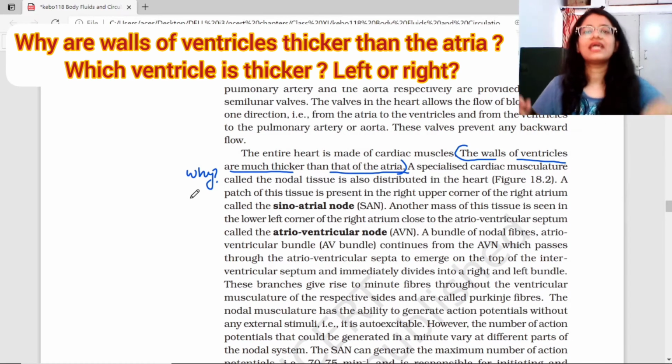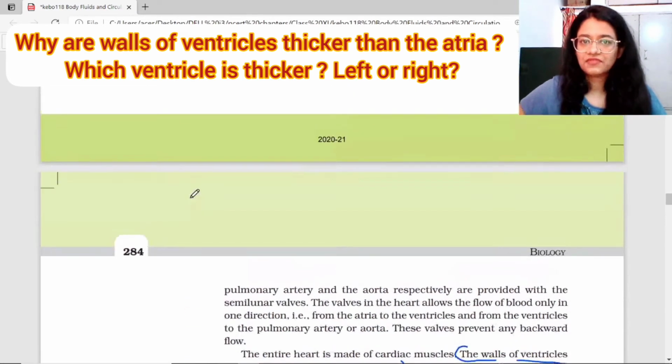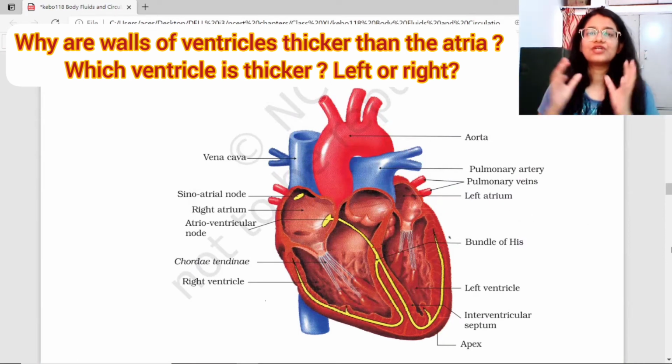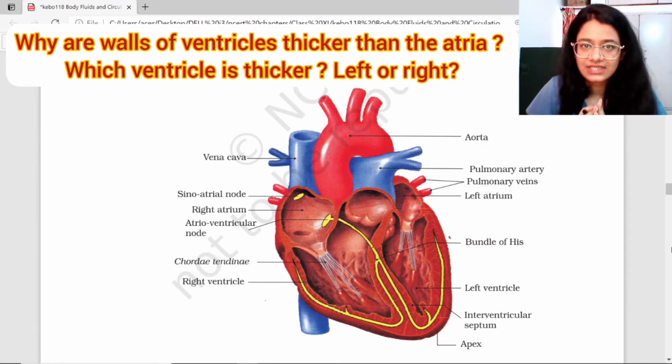Now, as you know, the atrium is the upper part and the ventricle is the lower part, as you can see in the diagram of the heart given here. When the ventricle has to pump blood, it really has to push the blood against gravity, right?